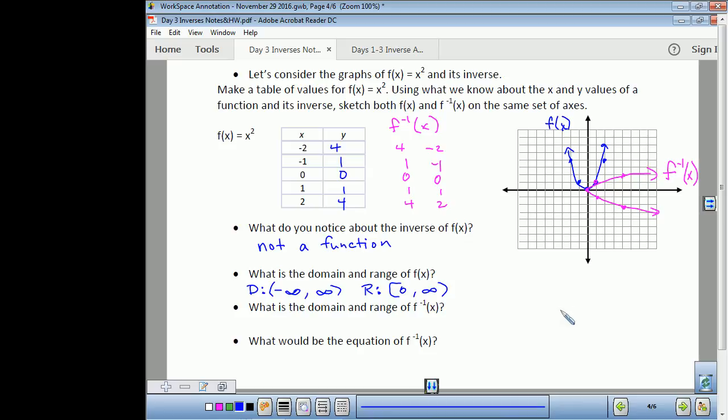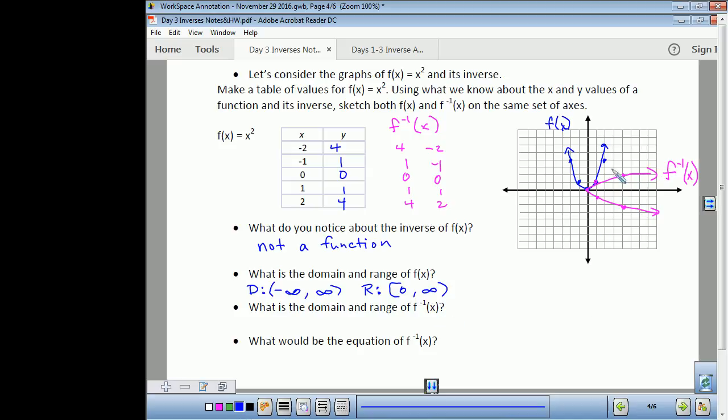Alright, so when we talk about the inverse, it switches the x and y, and we talked about this yesterday. Domain represents all the possible x values, and range represents all the possible y values, so the inverse switches the domain and range.